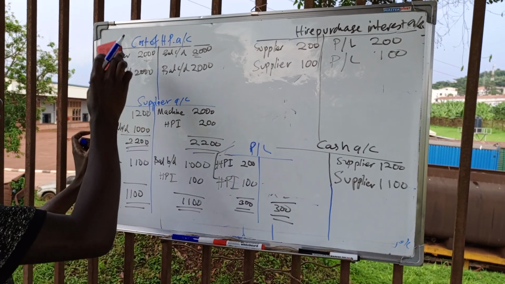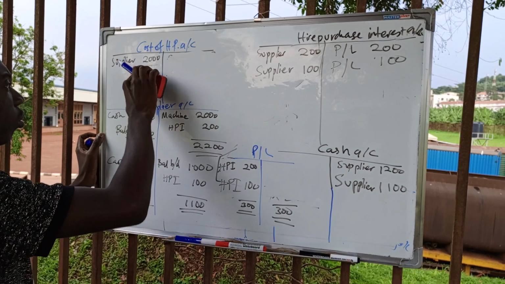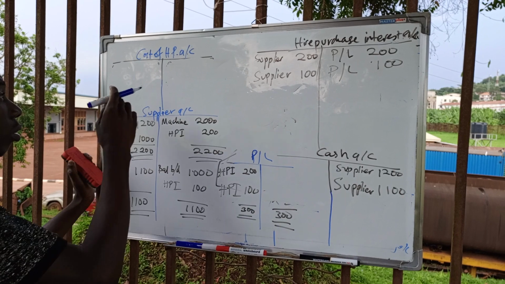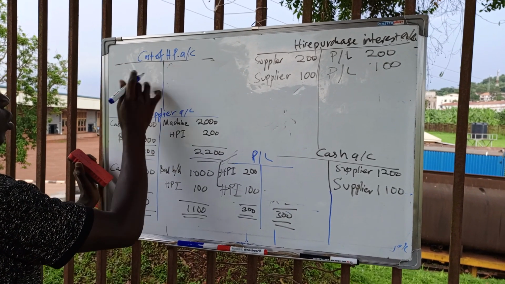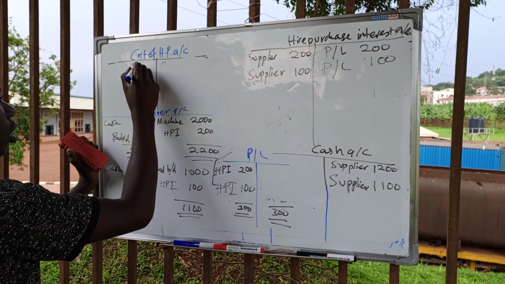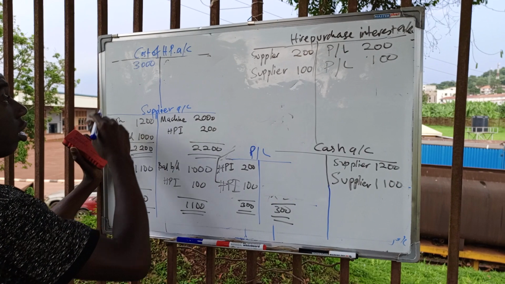So we debit the cost of hire purchase account with the cost. In this case, they will always be giving you the cost. Maybe they told us the cost is, let's say, 3,000. So you recognize that 3,000.